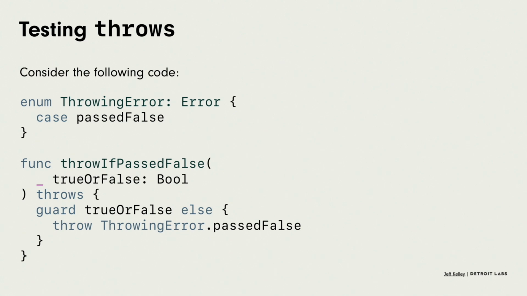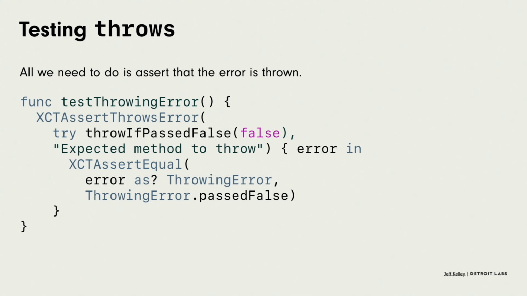Now this is super easy to test, right? We just call XCTAssertThrowsError. We can try calling it with false, give it some message that we expect it to throw, and then it'll give us the error, and then we can just make sure that that's the right one. So that's pretty straightforward for throws, and that's kind of the API I would want for fatalError.